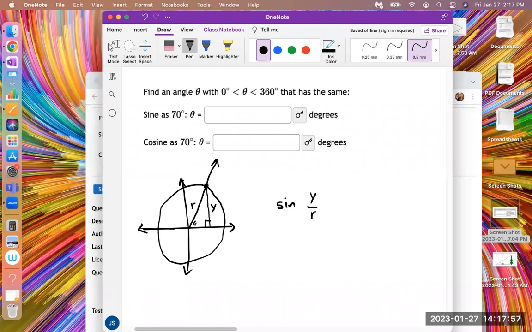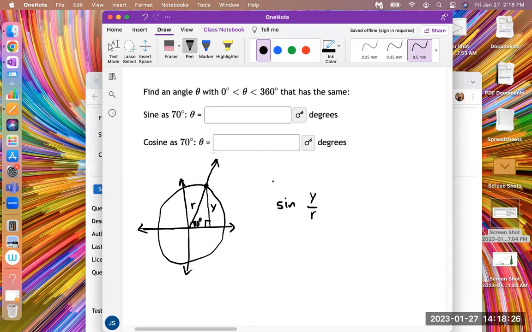Sine of this angle, and this is where the 70 degrees is, 70 degrees right here. Now, any other triangle that has this same 70-degree angle made with the x-axis will have the same sine, but it may be negative or maybe positive. Okay.